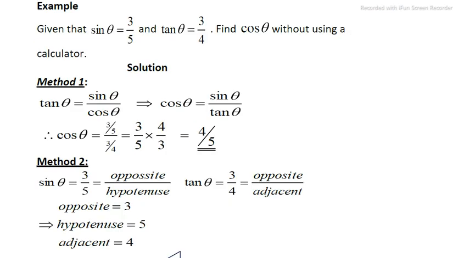In this example, we are given sine theta and tan theta. We are supposed to find cos theta without using a calculator. Remember, we saw the relationship between the three, whereby we came to a conclusion that tan theta equals sine theta over cos theta. Since we have sine theta and tan theta, then we can substitute to get the cos theta.